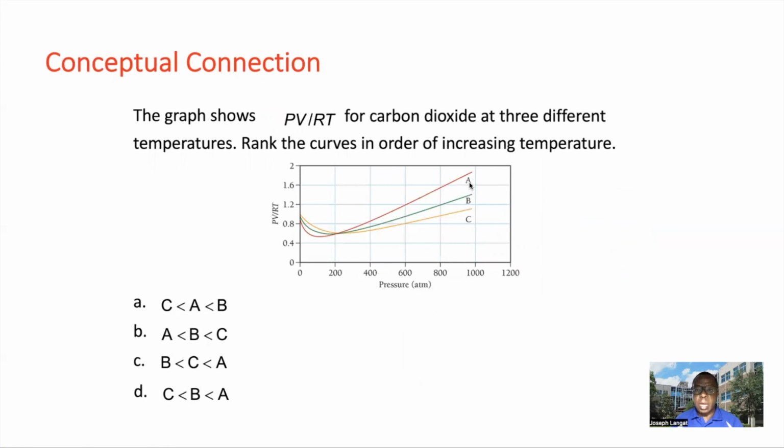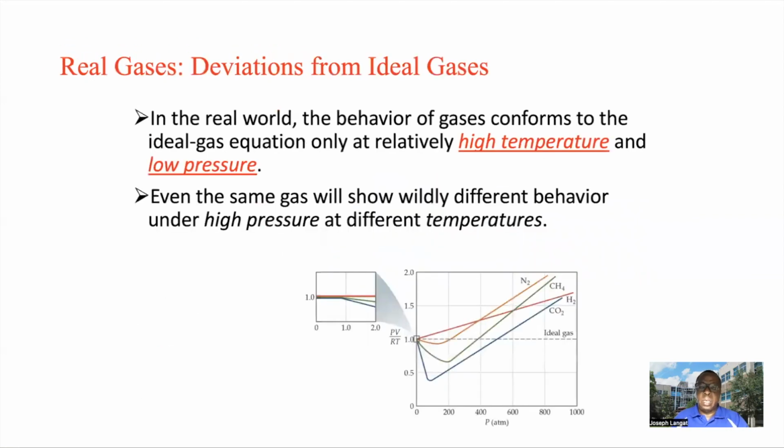So I'll say that A is the lowest, followed by B, followed by C, and the correct answer is B. Rank according to what? Increasing temperature. This is the lowest because it is deviating more from ideal. Remember, the lower you go in temperature, the more it deviates from ideal. Read on this section, understand how low temperature and high pressure lead to deviation from ideality for real gases.